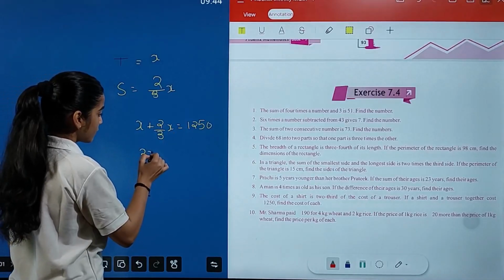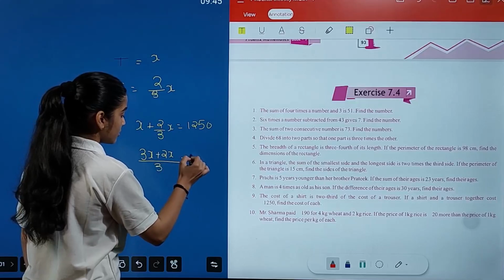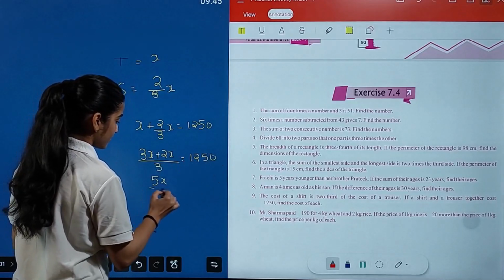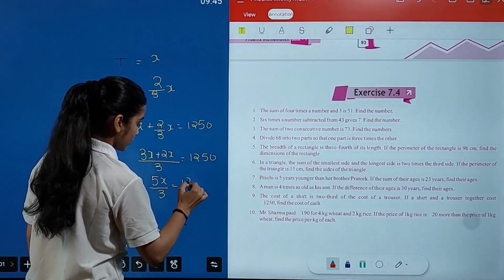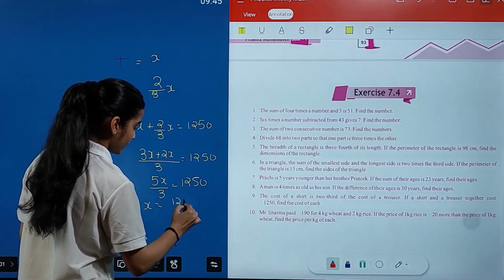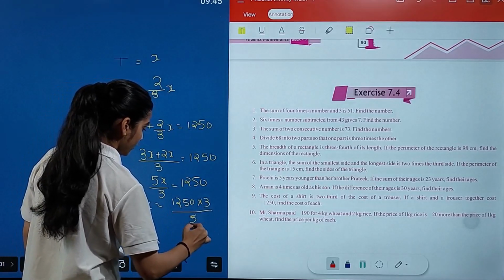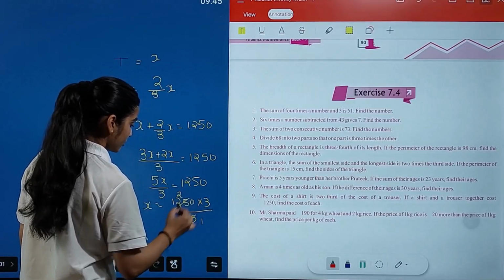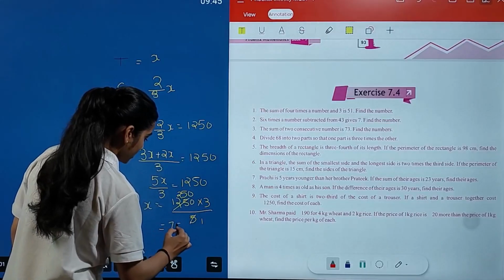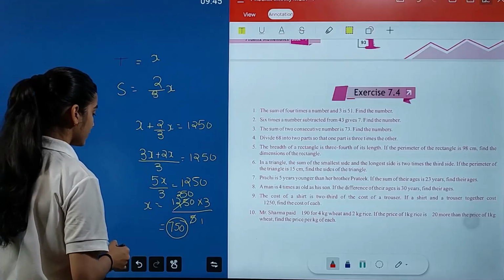So here we have (3x plus 2x) by 3 is equal to 1250, that is 5x by 3 equal to 1250. So x will be equal to 1250 multiplied by 3 divided by 5, which is 750.